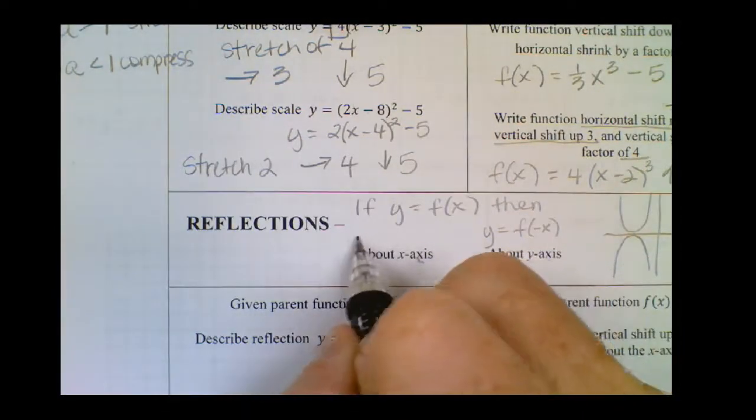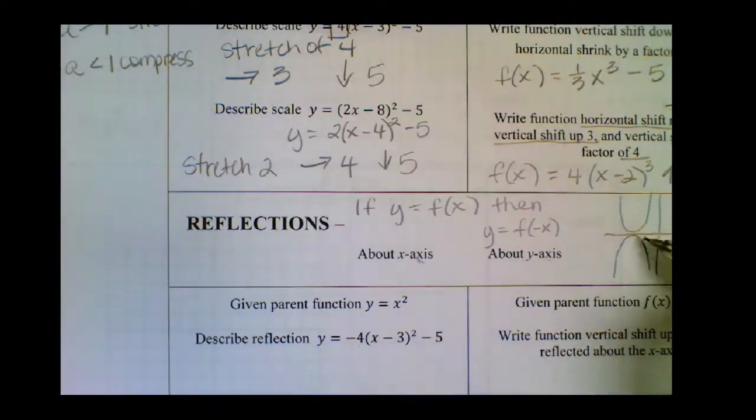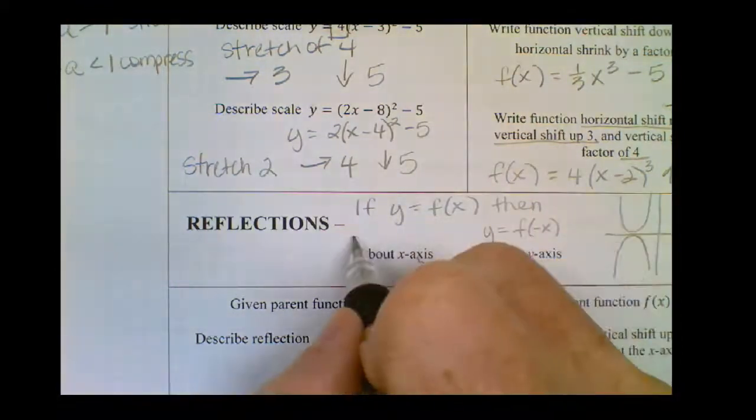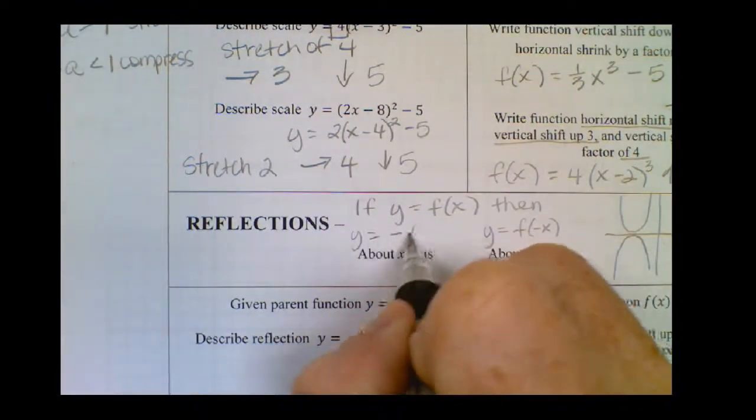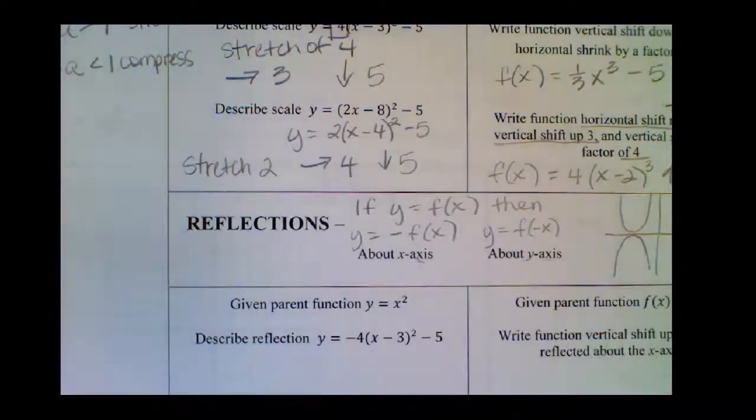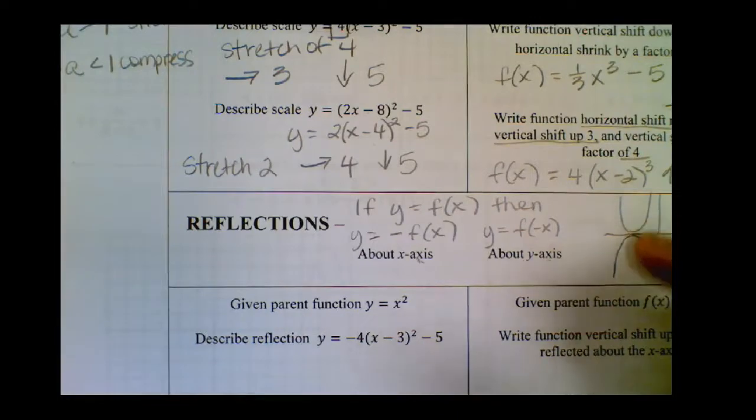If your output becomes negative, which is what we've typically dealt with, y equals negative f of x, meaning the output just went negative, then that's going to go over the x-axis, which is what we've dealt with so far.